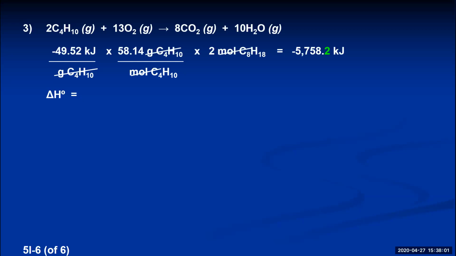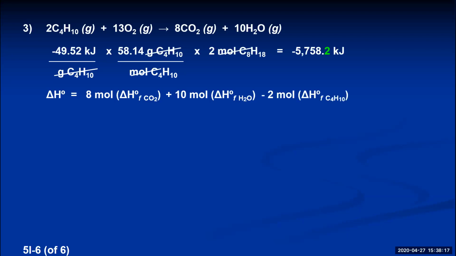So the delta H naught for the above reaction, which is negative 5,758, must equal 8 multiplied by the standard heat of formation of carbon dioxide plus 10 multiplied by the standard heat of formation of water minus 2 times the standard heat of formation of butane minus 13 multiplied by the standard heat of formation of oxygen.